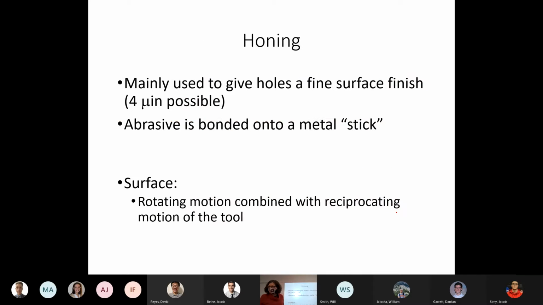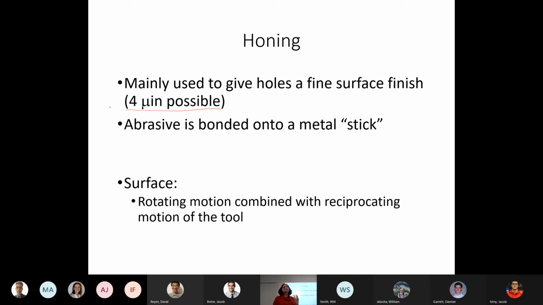Okay, so let's start with honing. This is a process where we can give holes a very fine surface finish. We can get down to 4 micro inches.